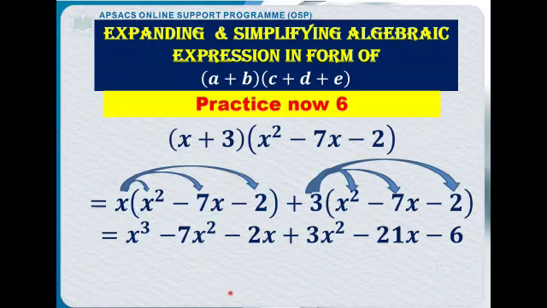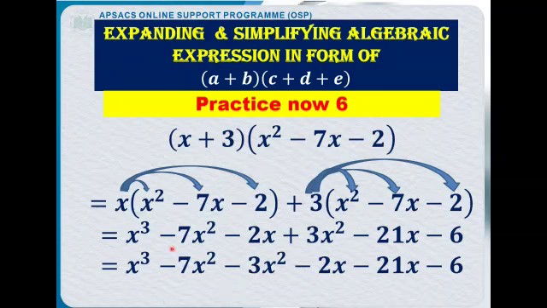Now we are going to arrange the like terms: x³ − 7x² + 3x² − 2x − 21x − 6. We have arranged all the like terms together and in the order of power, greatest power first, then smaller.